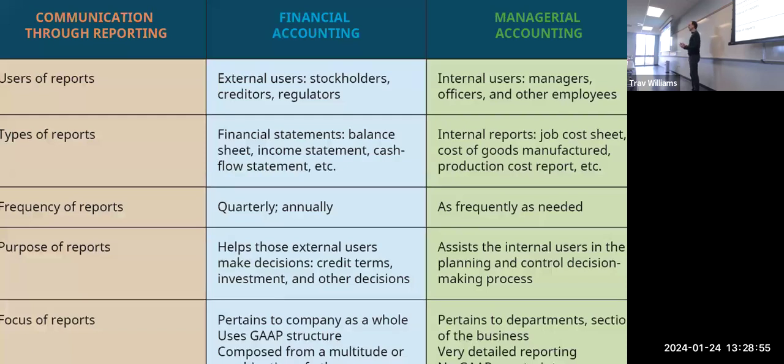They don't want us to be tricking them. So there's a whole process that we have to go through to make sure these financial statements are accurate, thorough, and not fraudulent. That involves not only the accountants following a certain process, but auditors coming in from the outside, verifying that the financial statements are correct.